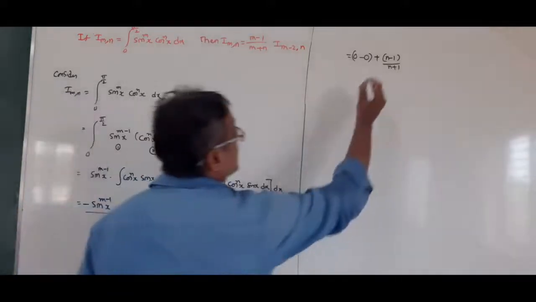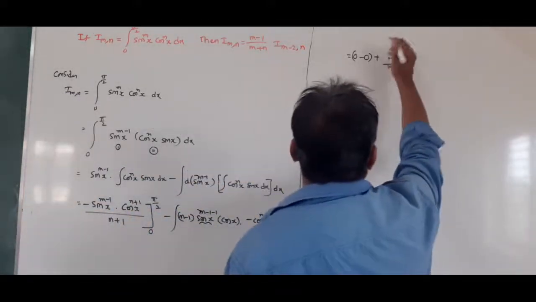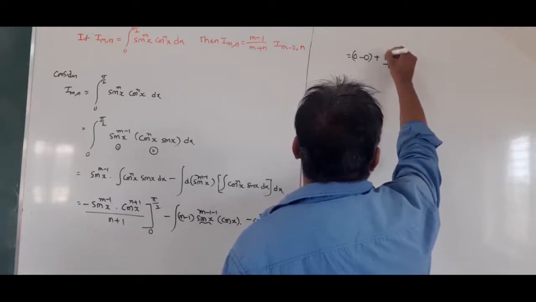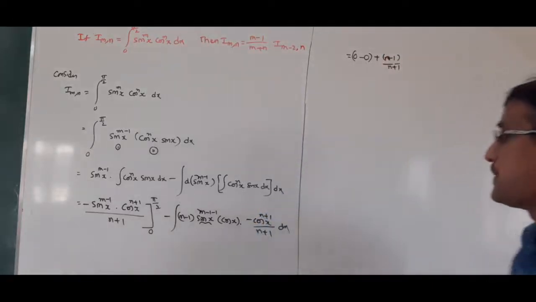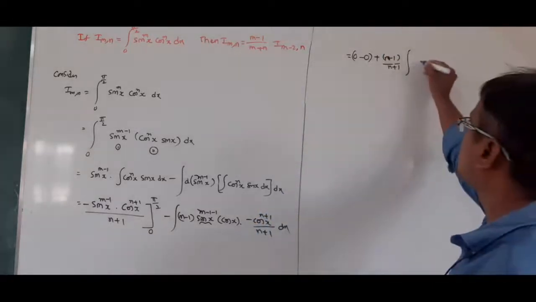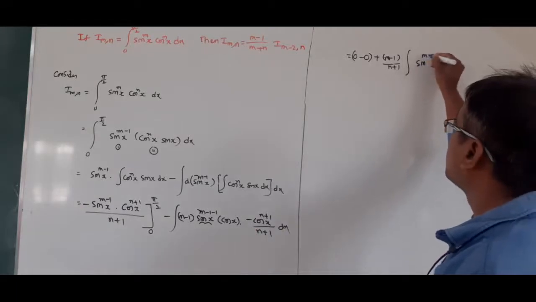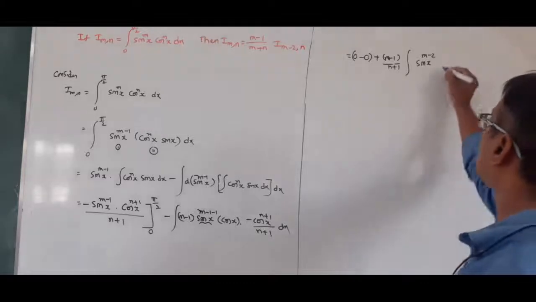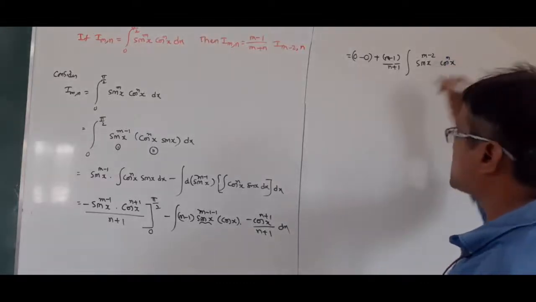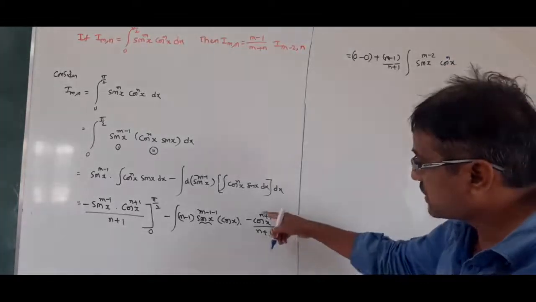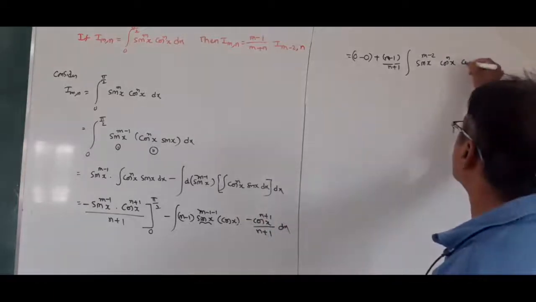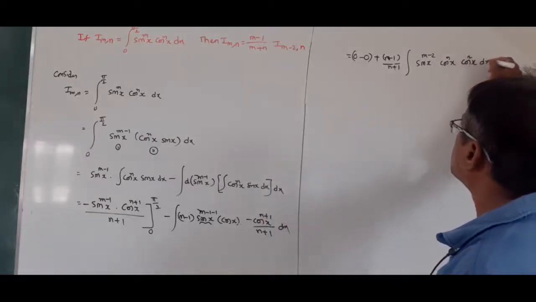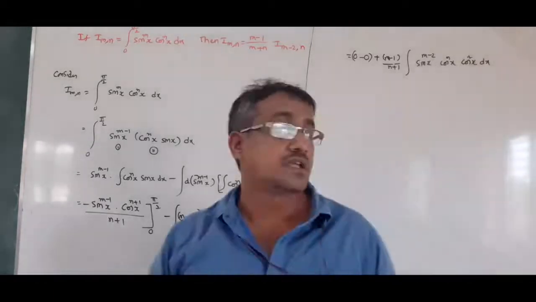So m minus 1 by n plus 1 into integral sin power m minus 2 x into cos power n x into, now here one cos x into cos x, we can write it as cos square x dx.